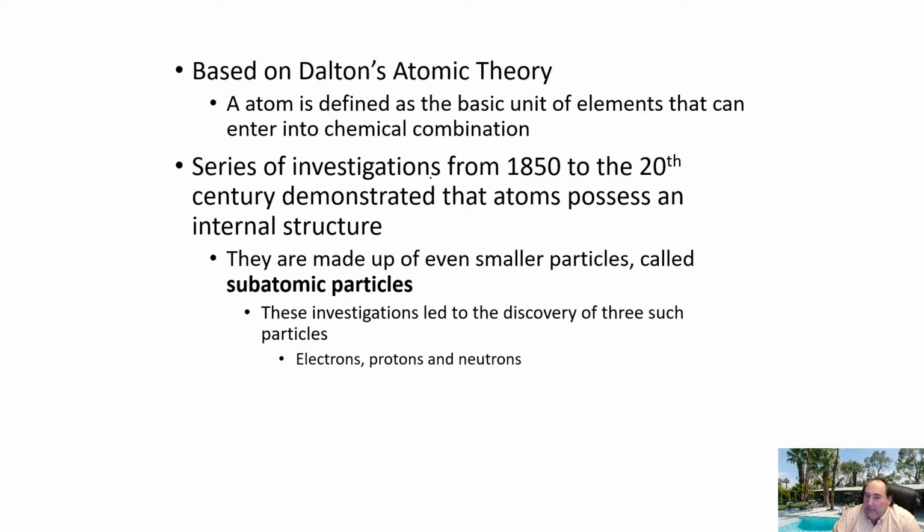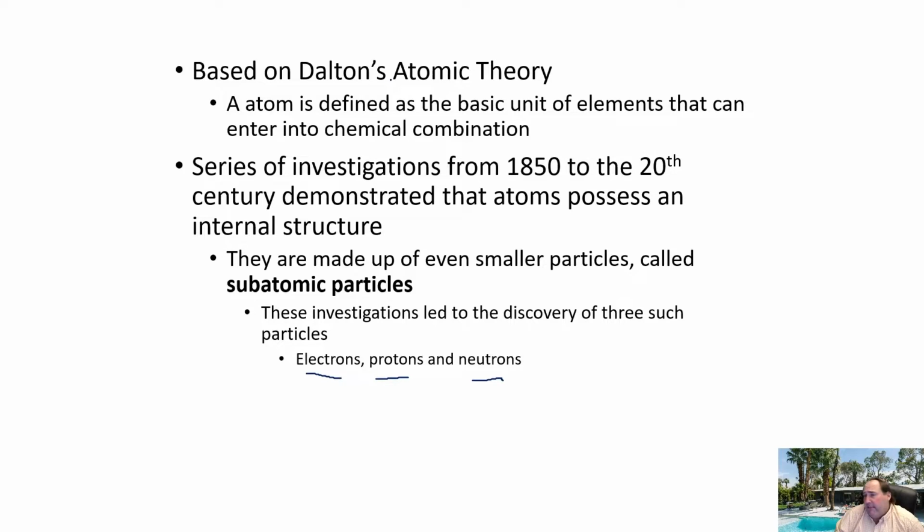A lot of investigations from 1850 to about the 20th century demonstrated that although atoms are really small particles, they're made up of even smaller particles. These are what are referred to as subatomic particles, and they're made up of three: electrons, protons, and neutrons.